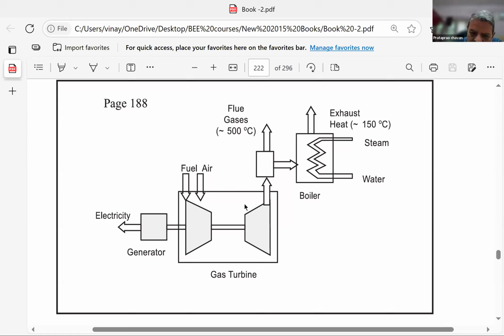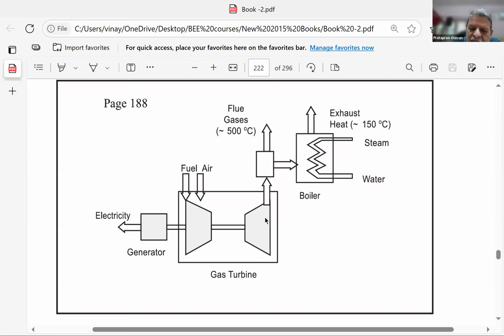Here, the high pressure result of combustion, that is gases, are at high pressure and they are expanding on this. So they say nearly 60% of the mechanical power generated by the gas turbine is consumed by the compressor alone. They say 55 to 60%. Remaining mechanical power, torque, is given to the generator and it will produce electricity.